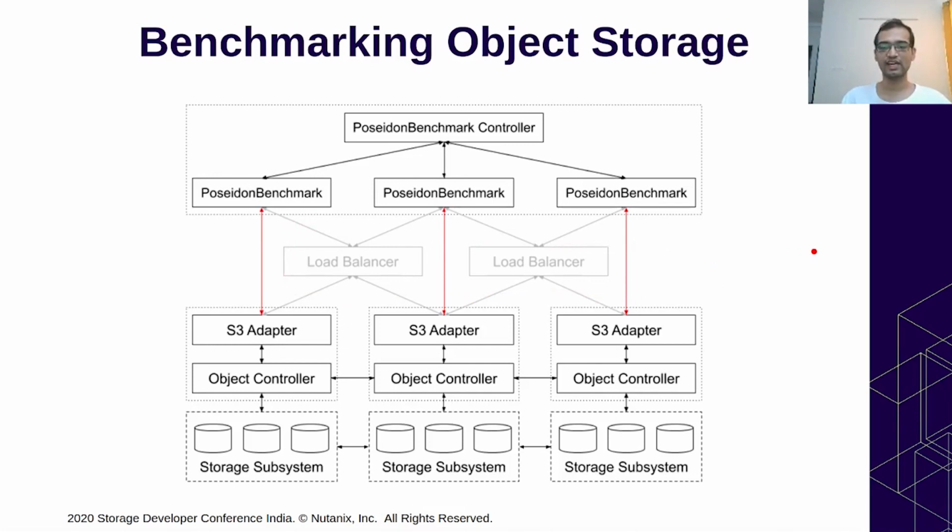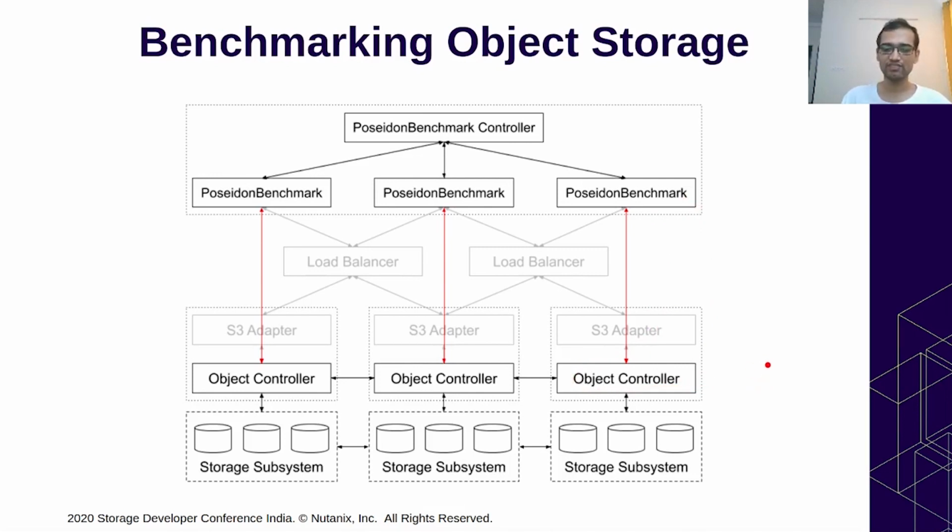Similarly, if we are interested in identifying any bottlenecks that may be present in the S3 adapter, we can decide to bypass that completely and directly configure the benchmark to talk to object controllers. Notice that while talking to the S3 adapter, we were using the HTTP or S3 APIs, whereas while talking to the object controller directly, we can talk in terms of internal RPCs that the object controllers understand today.